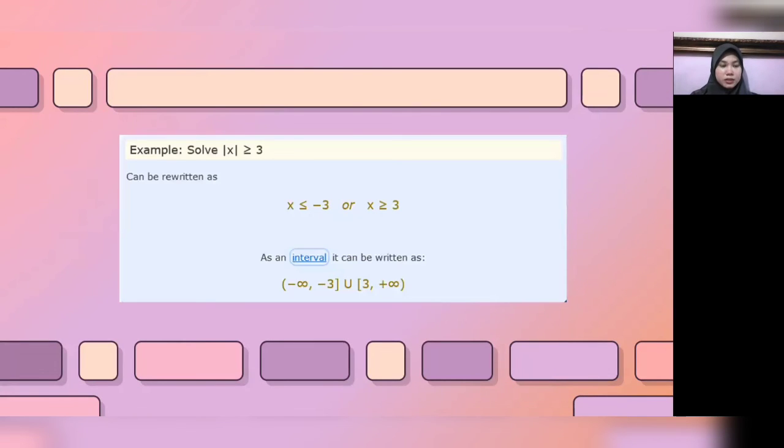For example, solve absolute value of x greater than or equal to 3.